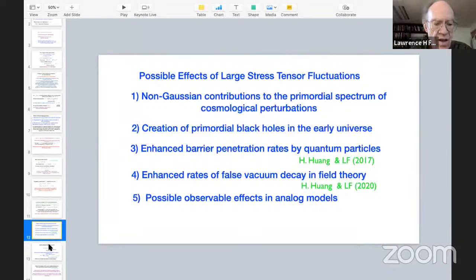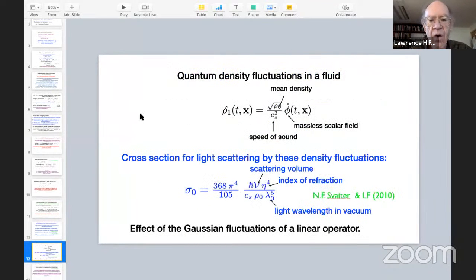In particular, I'm going to talk about quantum density fluctuations in a fluid. So for example, if you imagine a fluid and you quantize the vibrations, these are essentially the phonon modes of the fluid, there will be quantum fluctuations of the density of the fluid, as is well known.